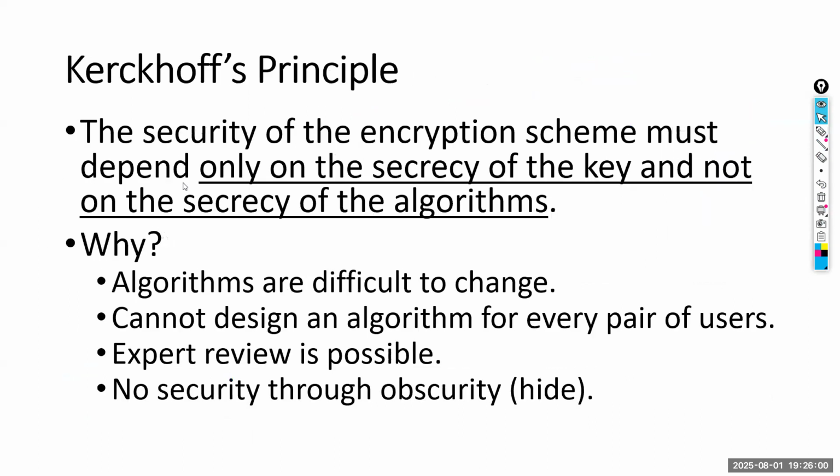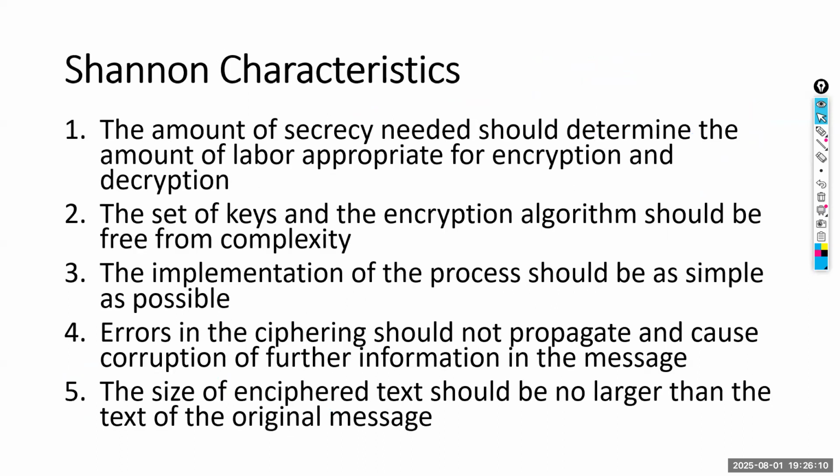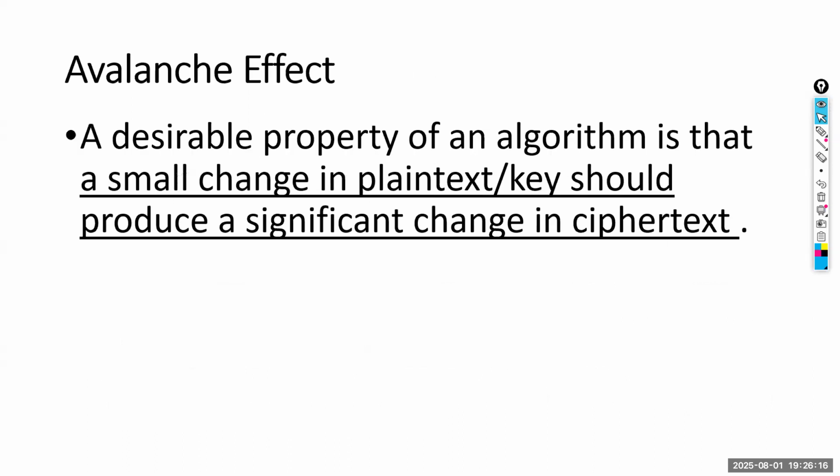So earlier we discussed the Kirchhoff principle. You must depend on the secrecy of the key, not the secrecy of the algorithm. But these are the 5 characteristics. Right. The final one is the avalanche effect. It's another characteristic of a good cipher proposed by another person.